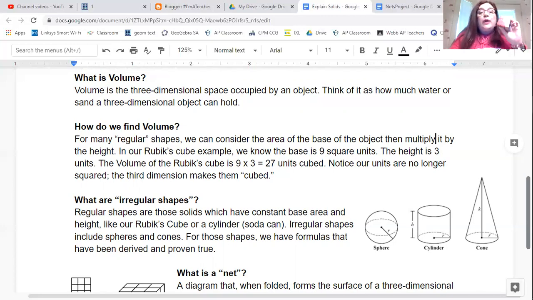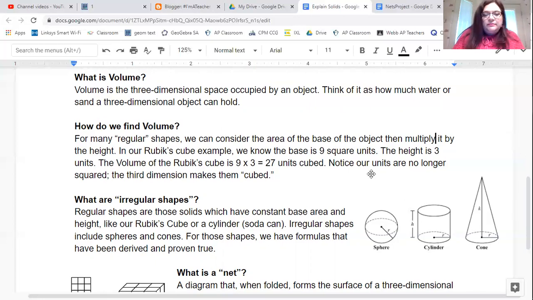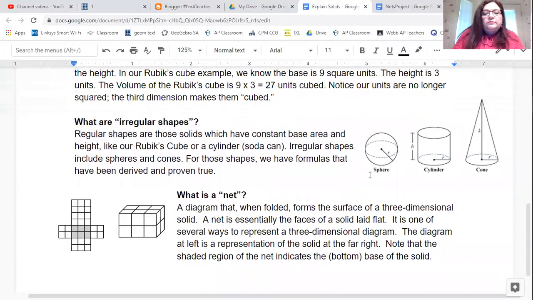So I said for regular shapes, it's just the base times the width and then times the height. But irregular shapes include spheres and cones, and you see that. Now, a cylinder is regular, and the difference is the base and the top of a regular shape are the same.